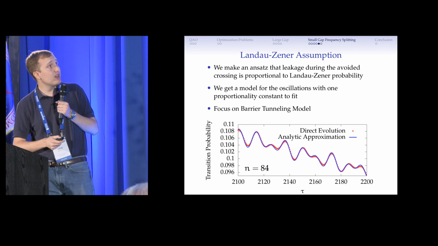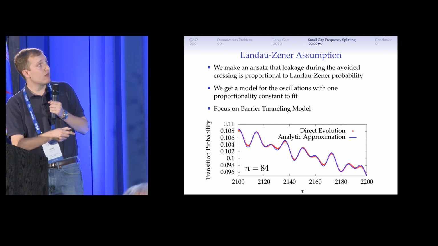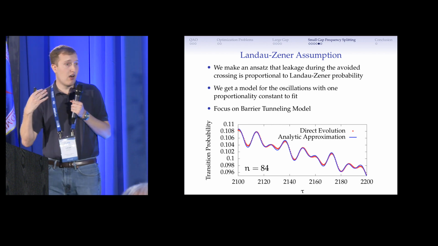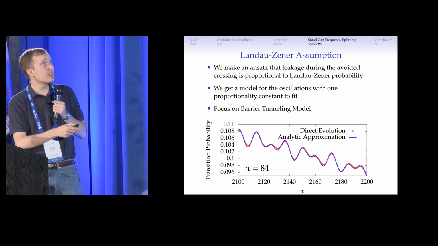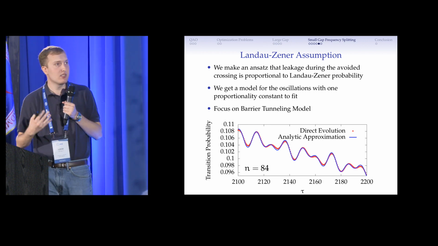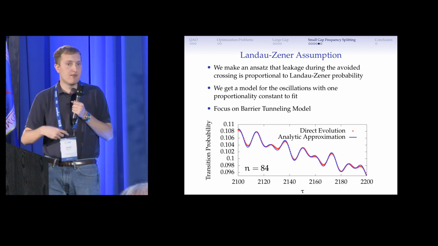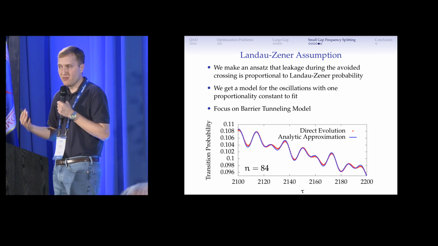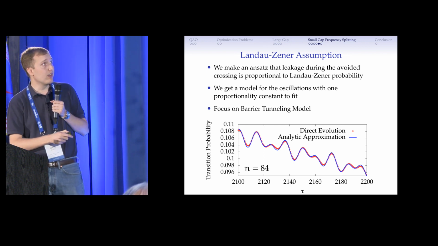To give a brief example, the blue solid line is our model, the analytic approximation we're making, and the red dots are the direct Schrödinger evolution data that we get from simulations. This is, again, for a barrier tunneling model. We've done this for other models as well and seen similar good results.